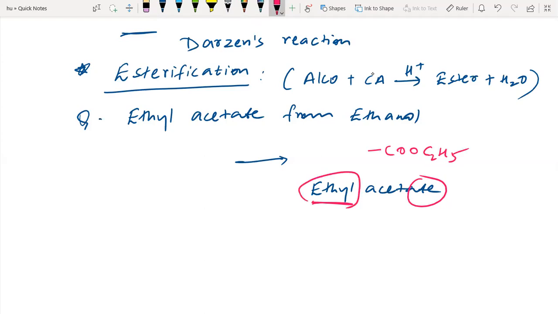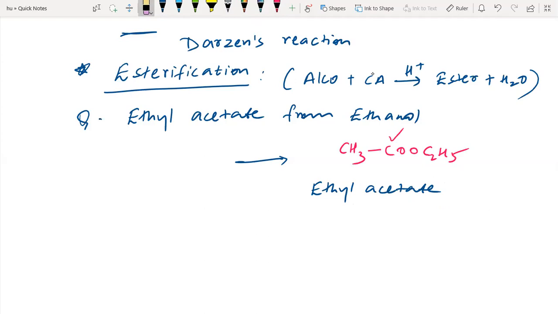After writing this ethyl part, the meaning of acetate is 2 carbon. Already we have 1 carbon, one more carbon is required, that is CH3. So now we got the structure of ethyl acetate.